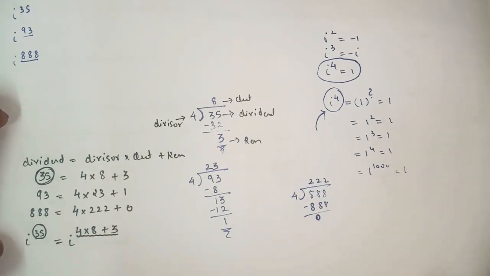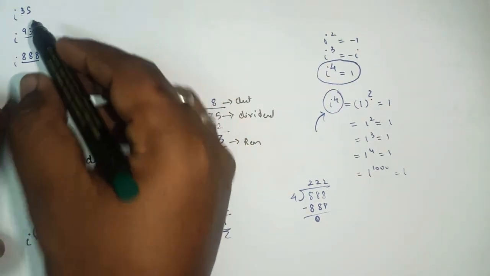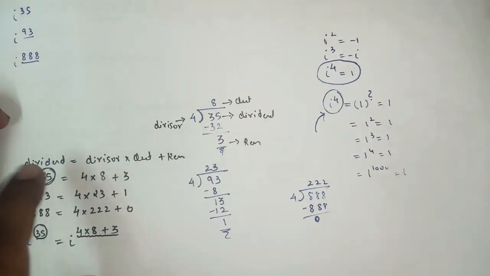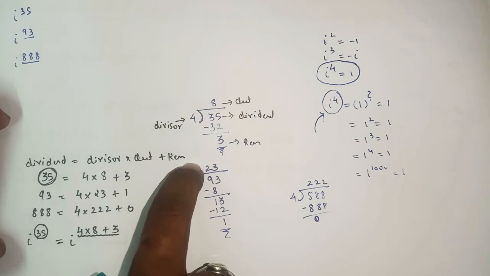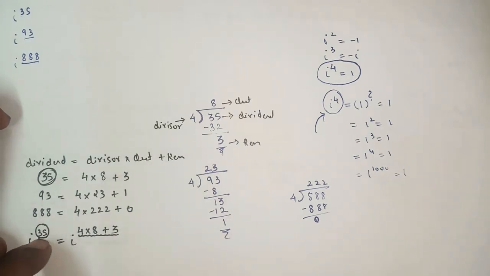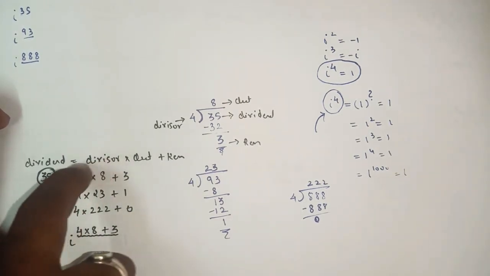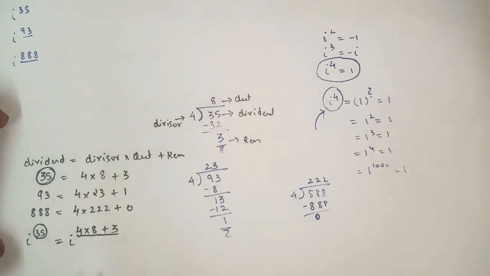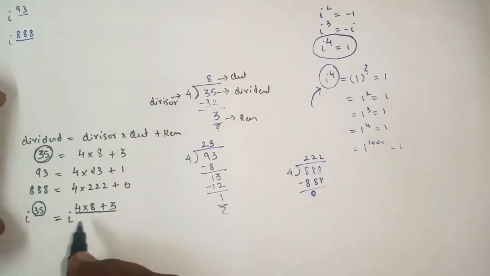Simply, whenever the power of i is greater than 20 or 30, for each and every number you just divide it by 4. After dividing by 4, apply this formula: dividend equals divisor into quotient plus remainder. So consider this 35 as the dividend. Understood? I hope you all understood the first part, the breaking section.